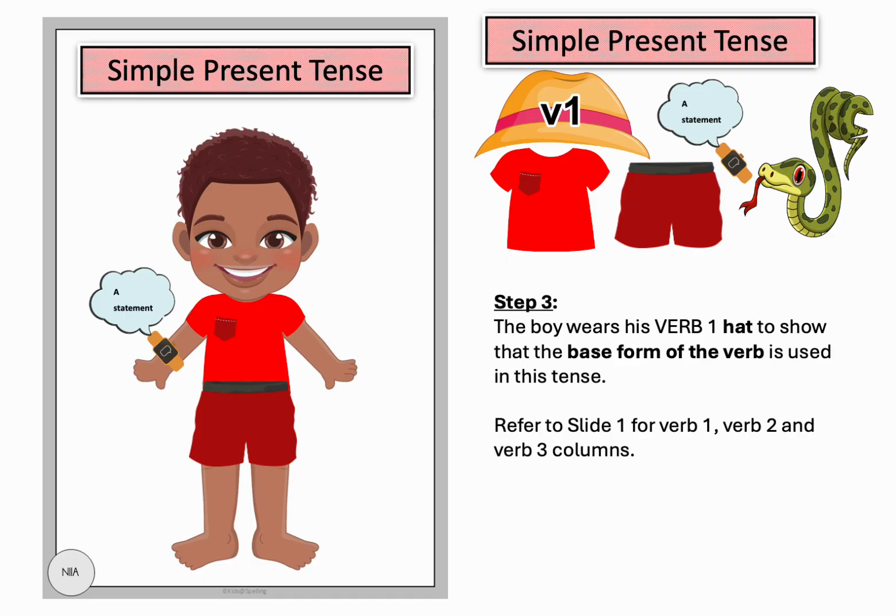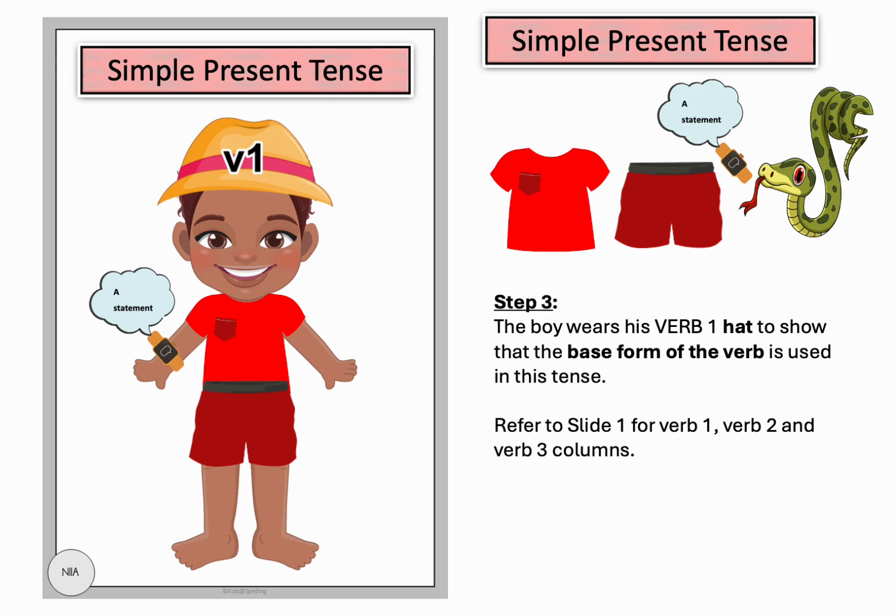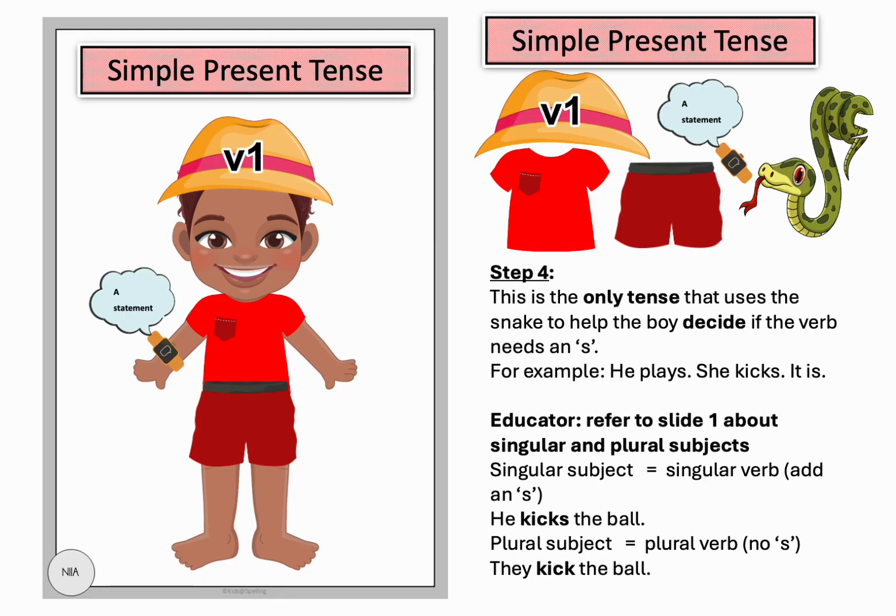The boy wears his verb 1 hat to show that the base form of the verb is used in this tense. Remember verb 1, 2, and 3 columns. Step 4. This is the only tense that uses the snake.